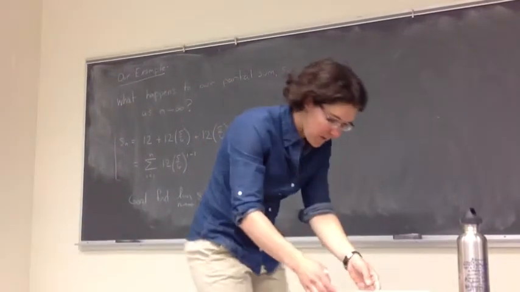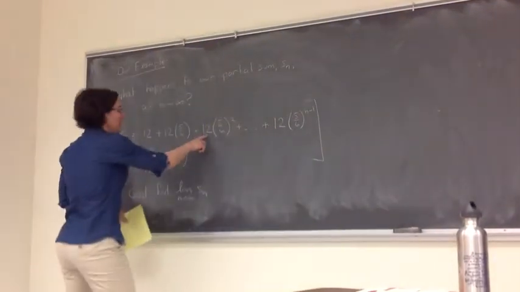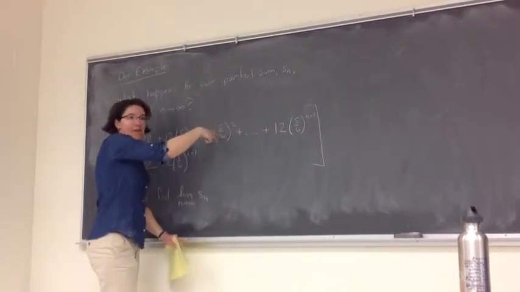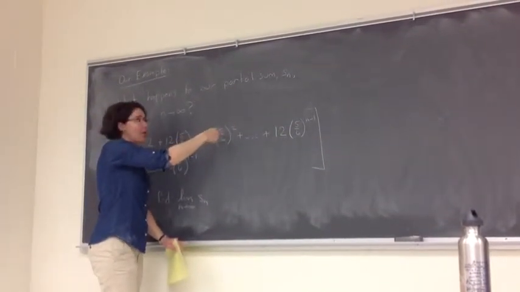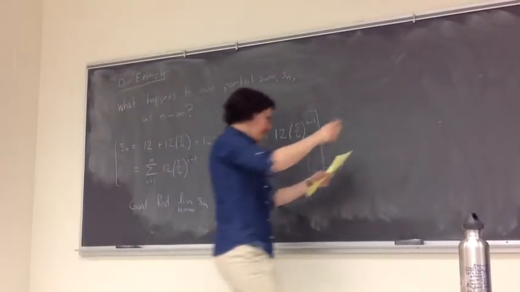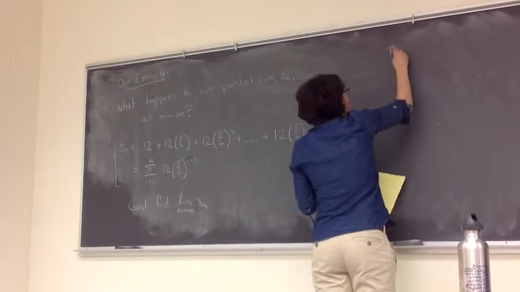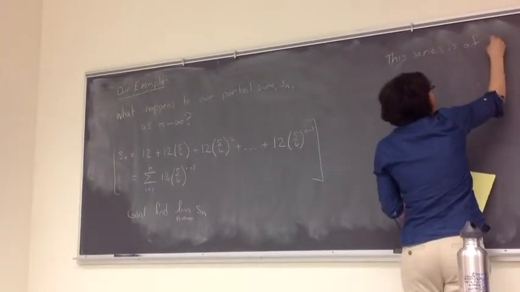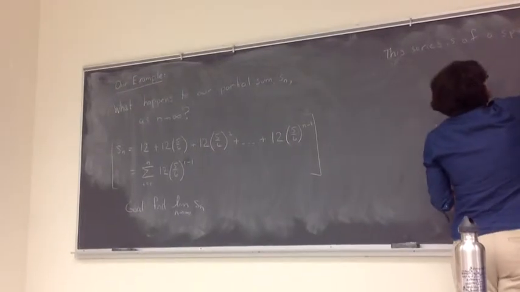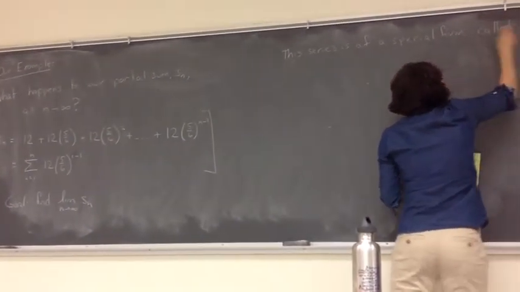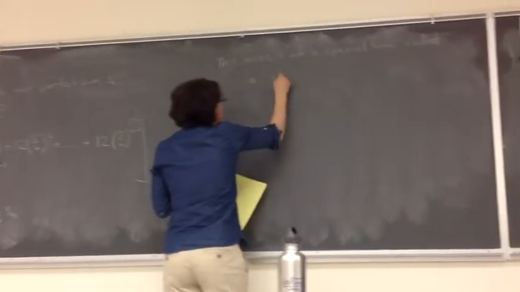And so this series is of a very special and particular form. It's of the form where I've got a number, an a value, and I have a fraction that is being raised to a power, and that power is increasing on each term, and I call that my r value. So this series is of a special form called a geometric series.